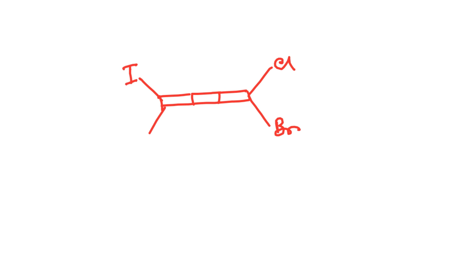Now another thing is, let's say you are given this molecule with Cl, Br, iodine, H. So what do you think, whether the molecule is chiral or not? Someone said chiral.